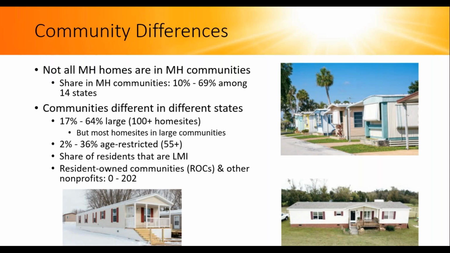A resident-owned community is one in which the residents collectively through a cooperative own the land and then individually own the homes. In other nonprofit communities, there can be an owner such as a housing trust or a municipality. Well, there's a big variation among the states there. In a couple of states, there were no resident-owned communities or nonprofits, but in one of the states, there were 202 such communities.